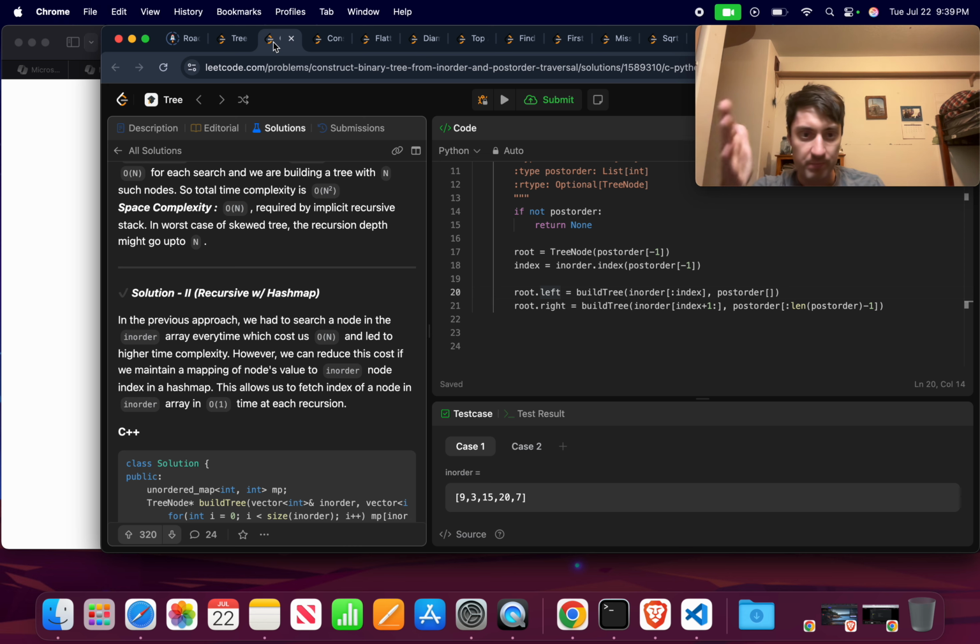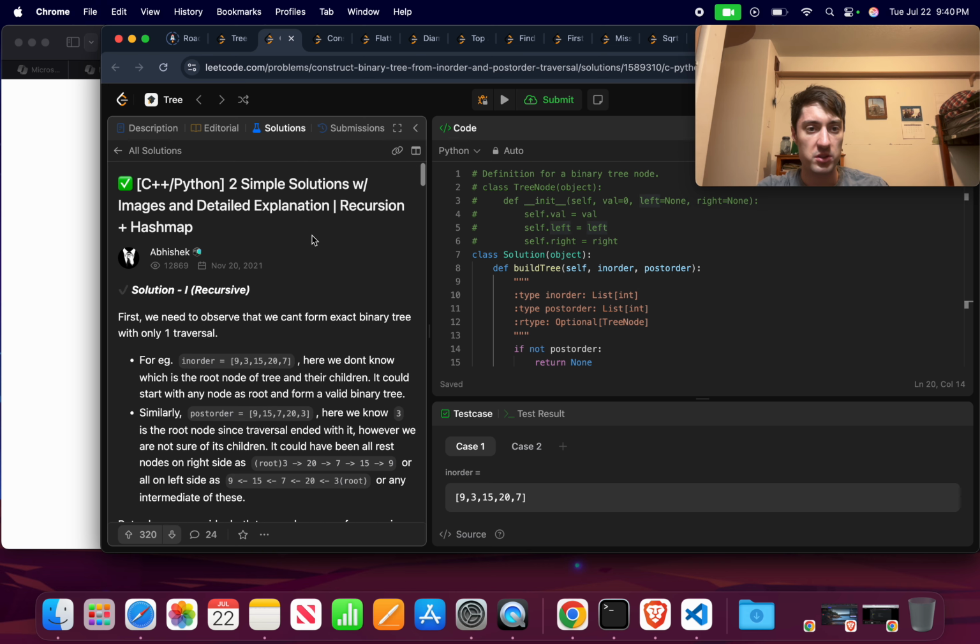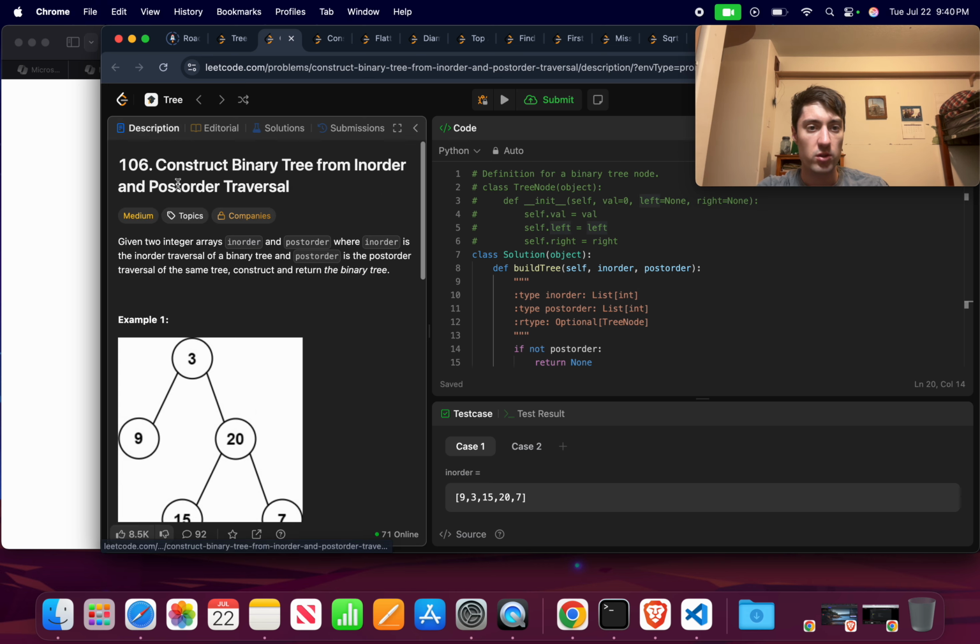So going forward, I will continue on this problem, this 106, and try to get it. So that's how I'm going to be moving forward.